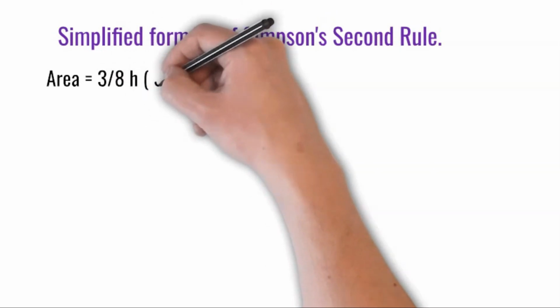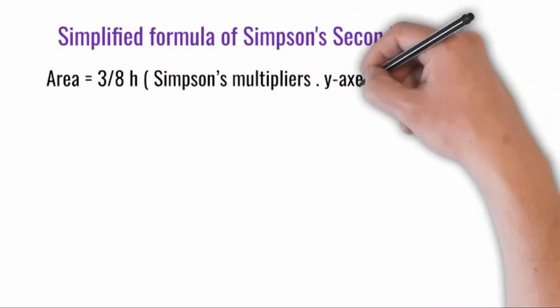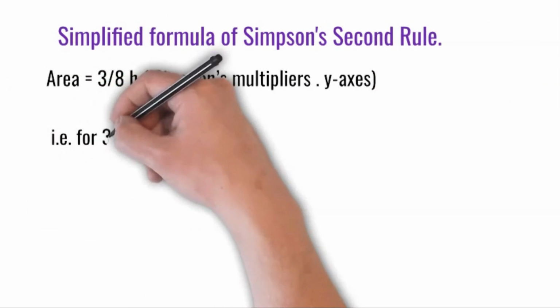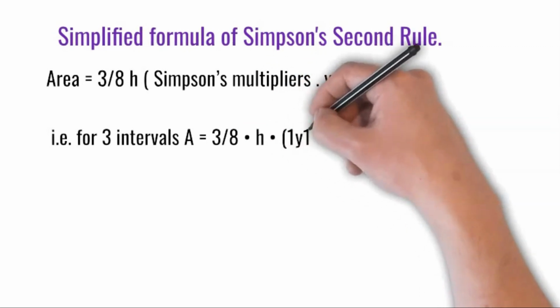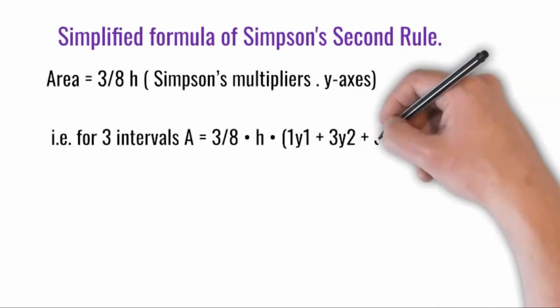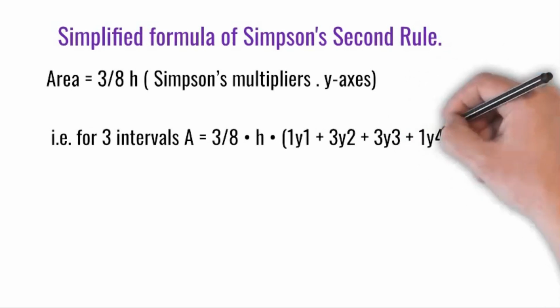Area equals 3/8 times height times the product of Simpson's multipliers times y-axis. That is for 3 intervals. Area equals 3/8 times height times the sum of y1 plus 3 times y2 plus 3 times y3 plus y4.